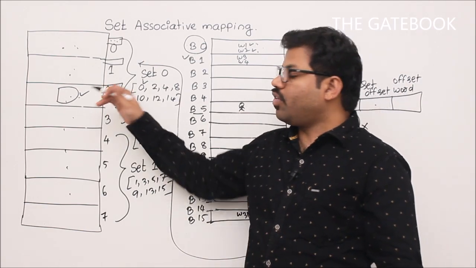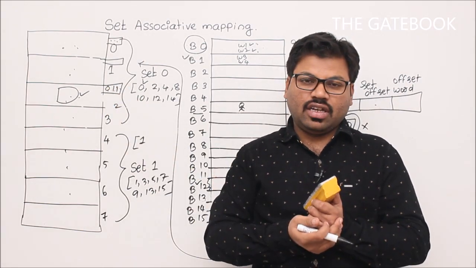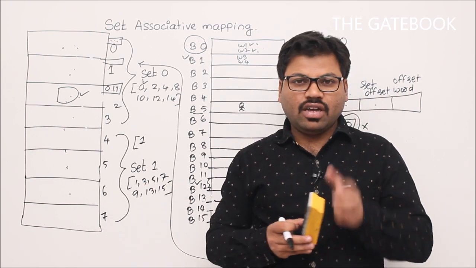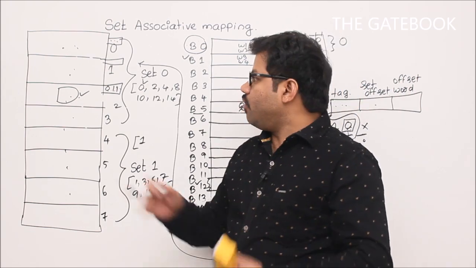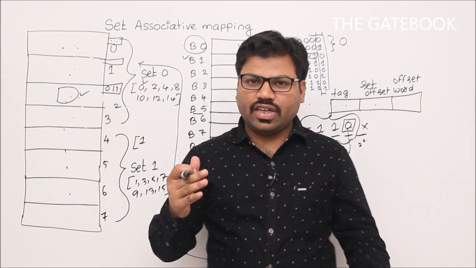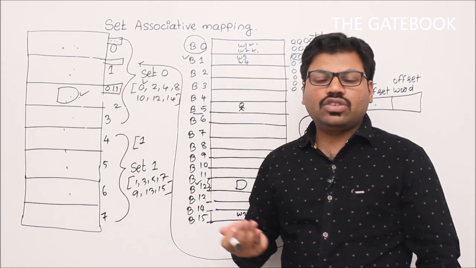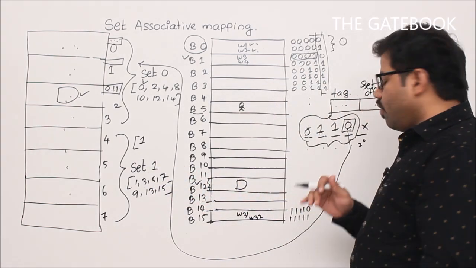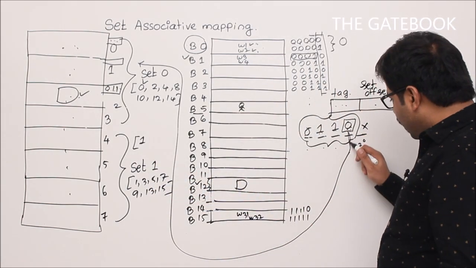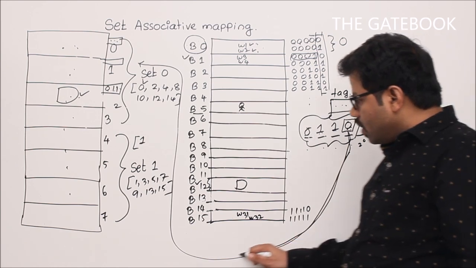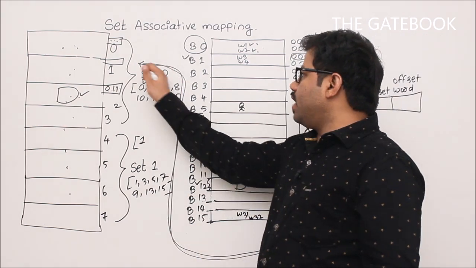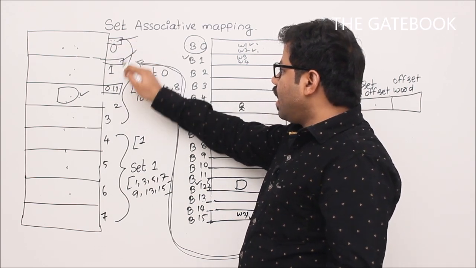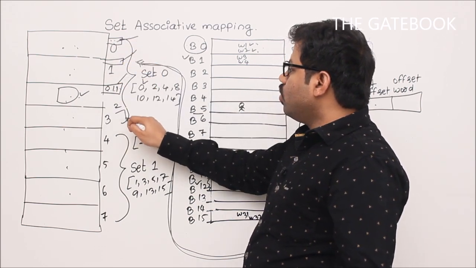Now set associative requires how many comparators? Because we have to do the comparison in parallel, otherwise it takes a lot of time, correct? So we have to plan our hardware in such a way that the searching process is done in parallel. First of all, we index into the right set. Once we go to the right set, we connect this tag, this tag, this tag, this tag to 4 comparators.